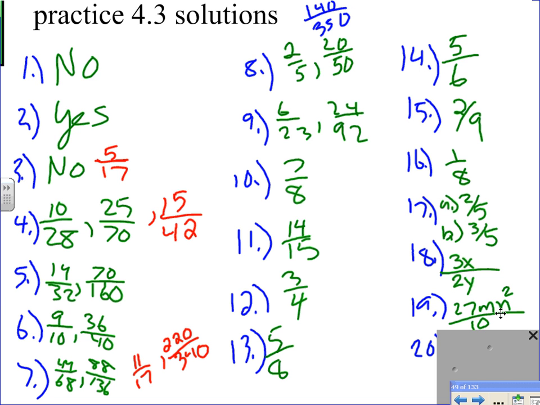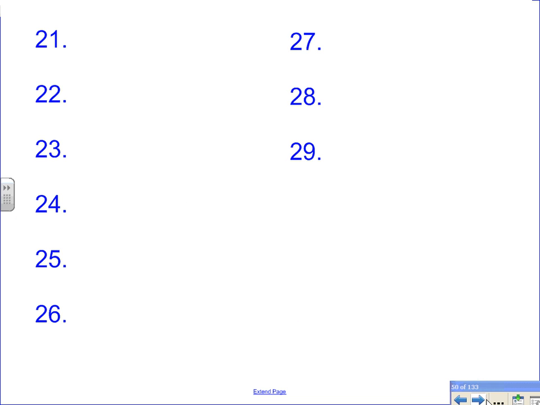Mary, number 20. Wow, you guys are doing awesome. Good job. So 4 over 5 s to the third, in case you didn't hear her. Emma H, 21. Good job. Sean, next one.